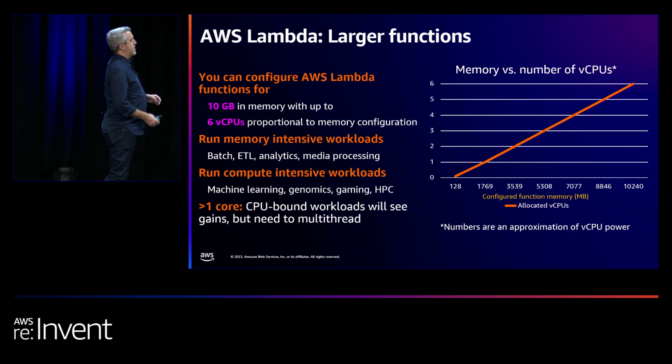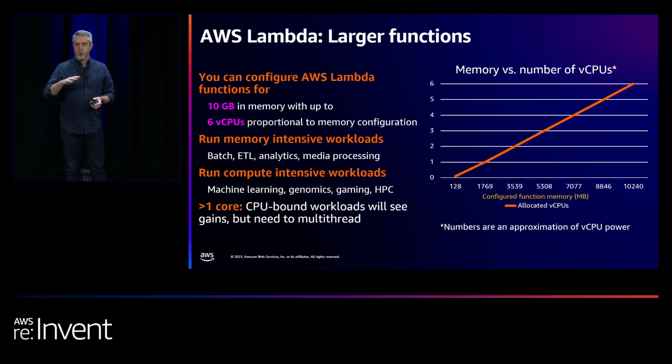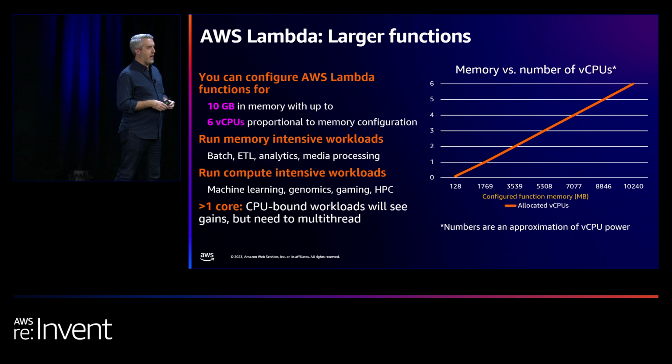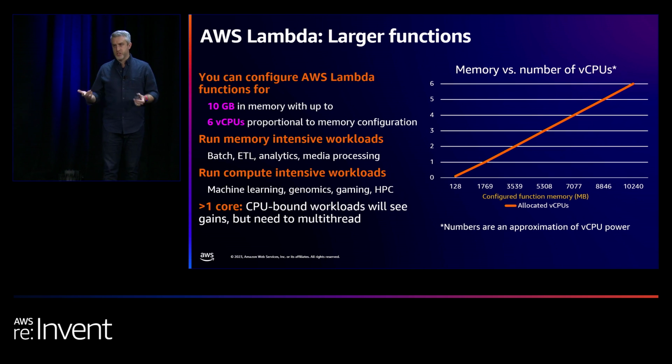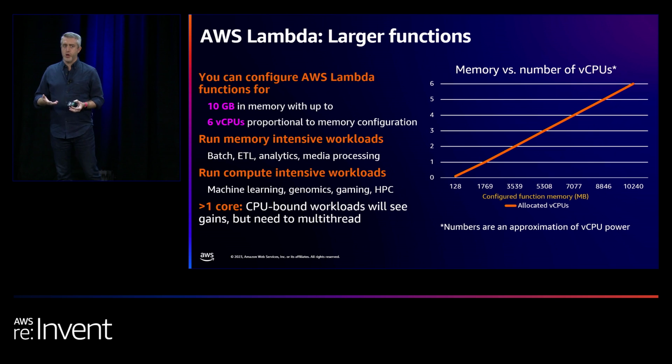And so at 10 gigabytes, you get up to 6 cores. Technically, before this, we start exposing the cores to you, but essentially what we're doing behind the scenes is limiting the power of those cores up until you get up to the maximum memory configuration. And so you do end up at some point with 6 cores that you can make use of, but the key aspect of this that makes it successful for you is that your code has to support the ability to run across cores.